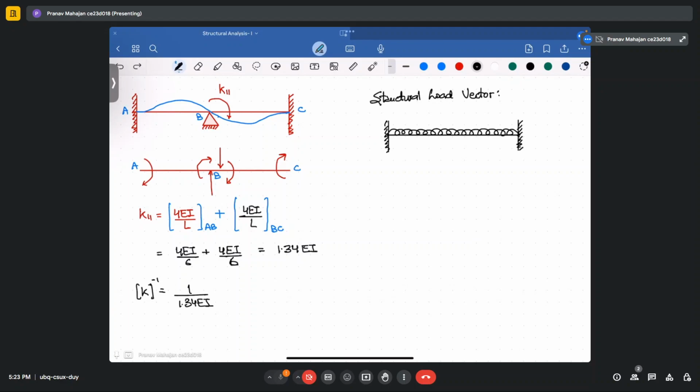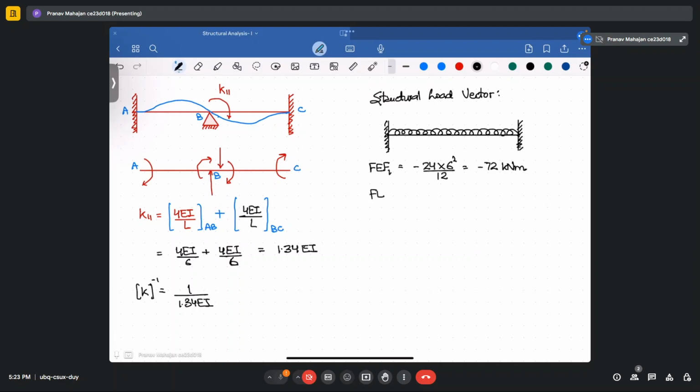So in this case, your FEF 1, the fixed end force that will be developed, will be equal to minus 24 into 6 square divided by 12. It would be equal to minus 72 kilonewton meter.